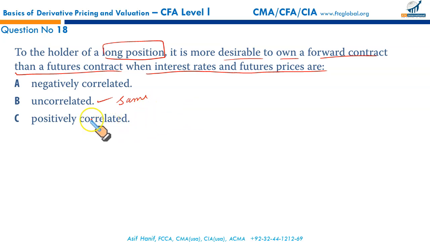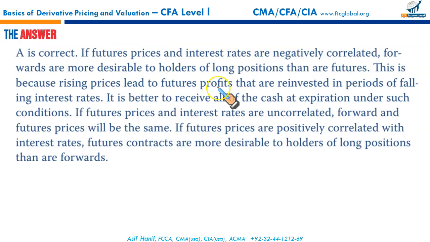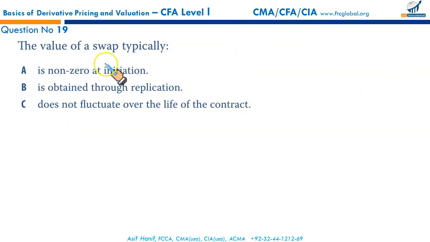So in this case, we will prefer future contracts. Now, coming back to the correct option. If the future prices and interest rates are negatively correlated, then we will prefer forwards. Forwards are more desirable to the holders of long positions. So that gives us A as your correct option.